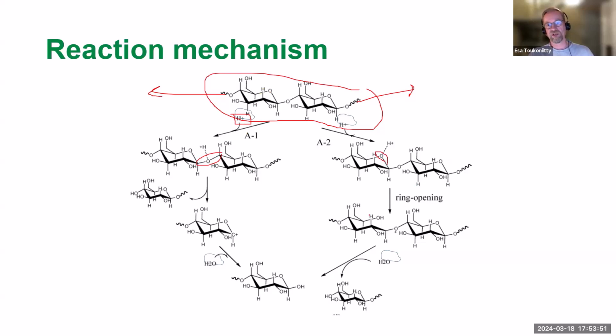So the mechanisms are slightly different. Here it's proposing that because the internal six-ring structure is attacked, the ring opens, but then it closes when the water molecule adds to it, and then you get the glucose sugar that you want.